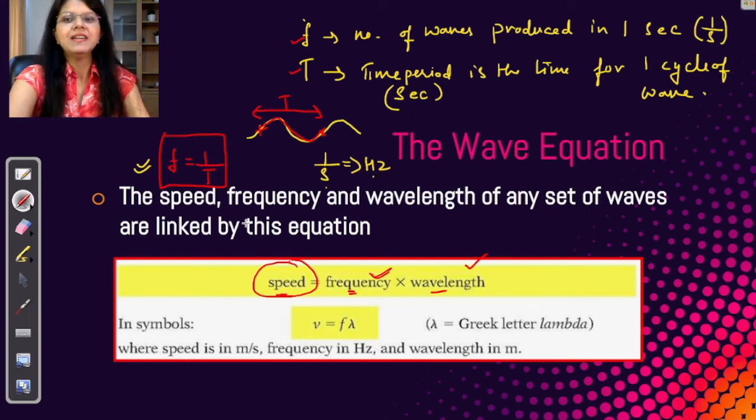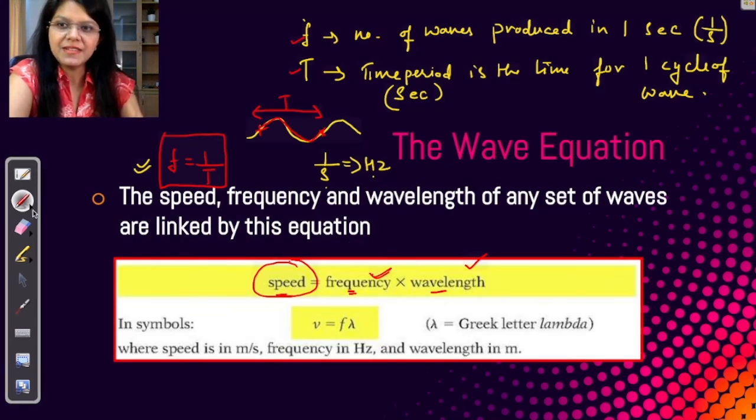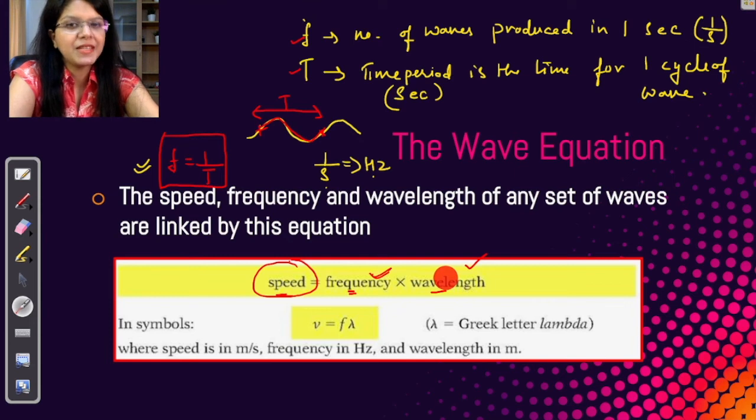Right? So now that we have understood frequency as well, we have understood all the 3 points here. We have understood speed, frequency and wavelength. Please do remember that the formula that connects these 3 entities is V is equal to F times lambda.